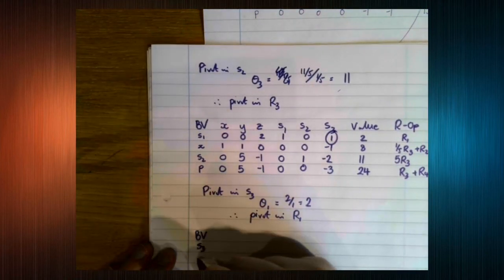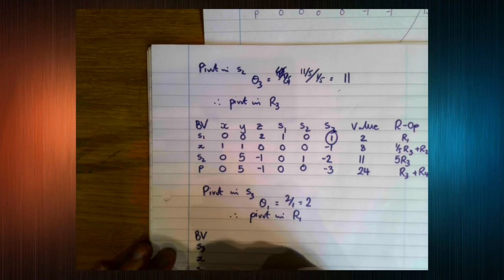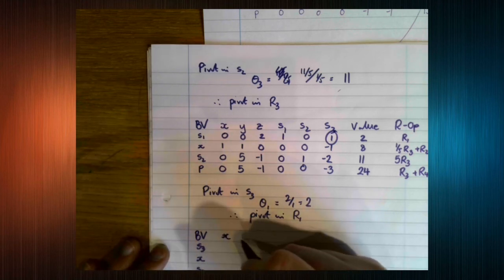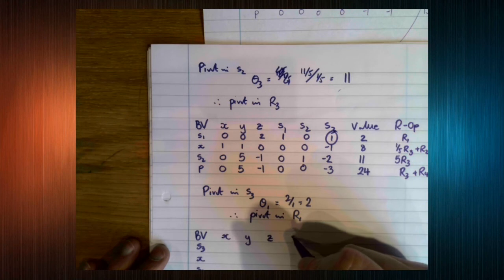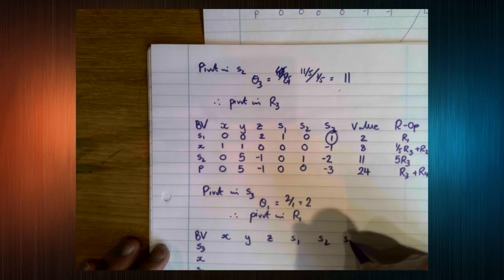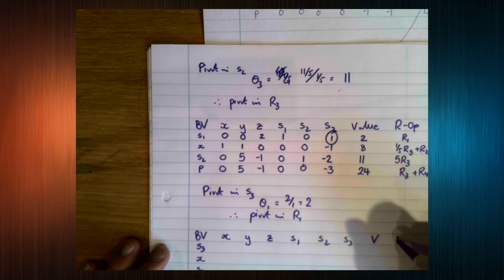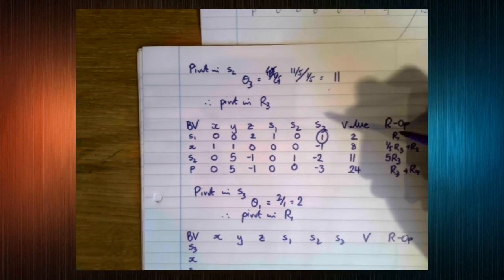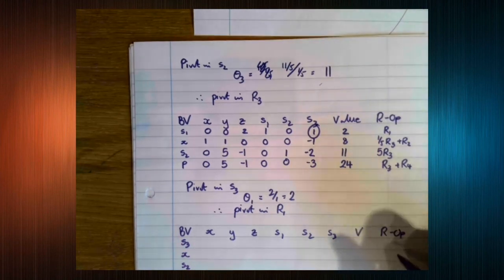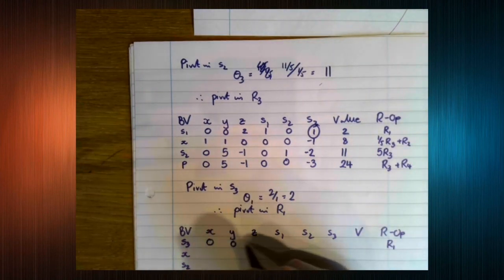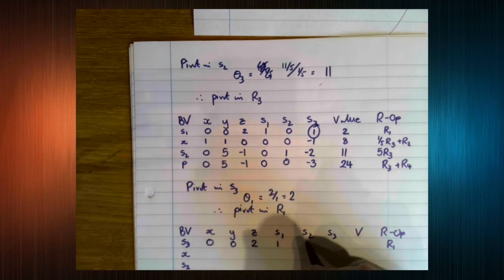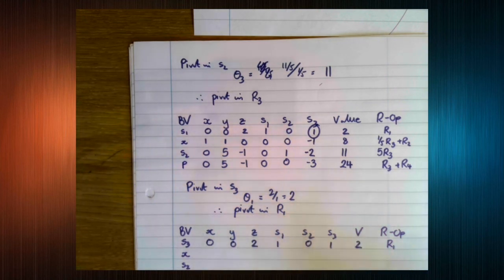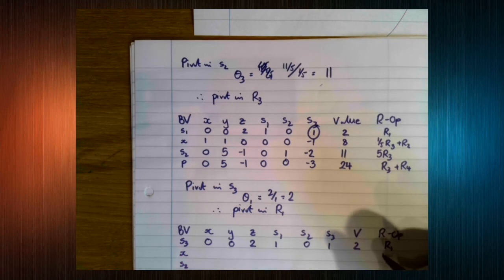We get S3, X, S2, P, X, Y, Z, S1, S2, S3, value, row 1. Okay, now we can see row 1's just going to stay the same again, which is handy, means you don't have to worry about it. Okay, we're now going to get one lot of R1 plus row 2.